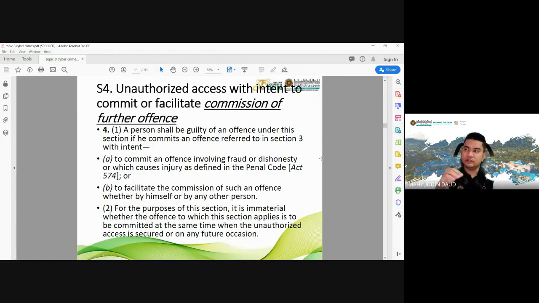So section 4 ni maknanya it does not matter when you hack, you want to commit the other offenses immediately, or maybe sometimes people just hack first, they do unauthorized access first, and then the other commission of other offences too, they do later. They may do that in 1 week's time, maybe in other times. So doesn't matter.